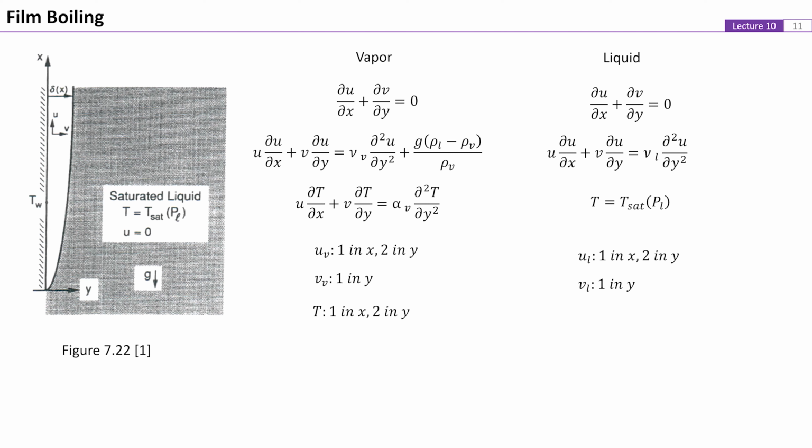Energy equation is only needed for the vapor film since the liquid region is assumed to be at saturation temperature. By inspecting these partial differential equations, the number of boundary conditions required for U, V, and T are determined.